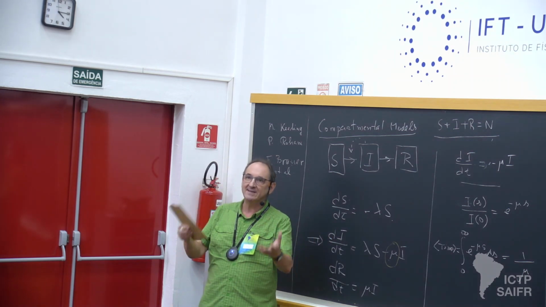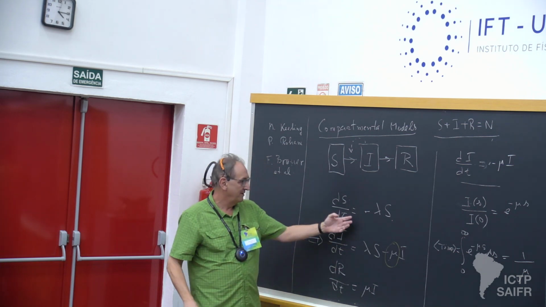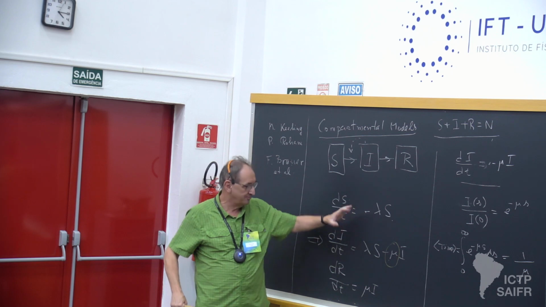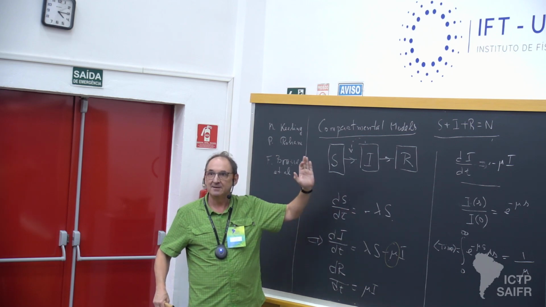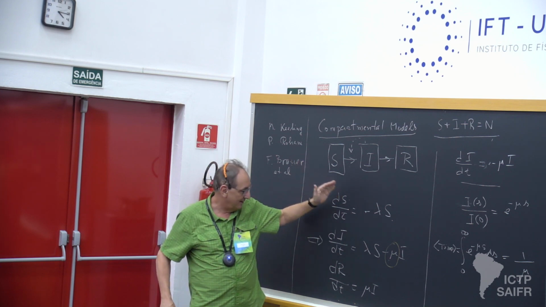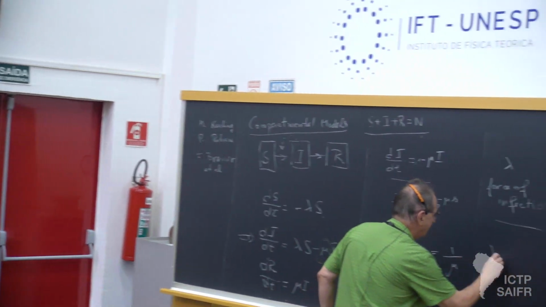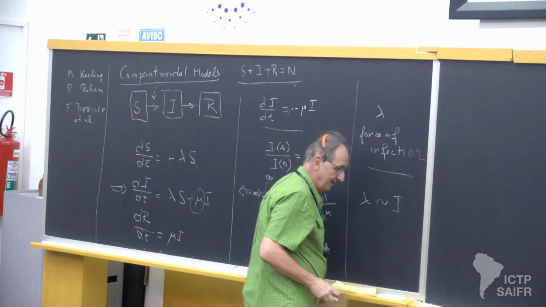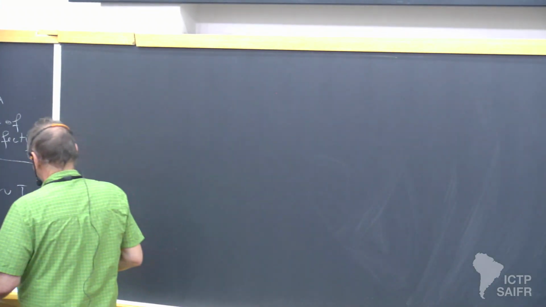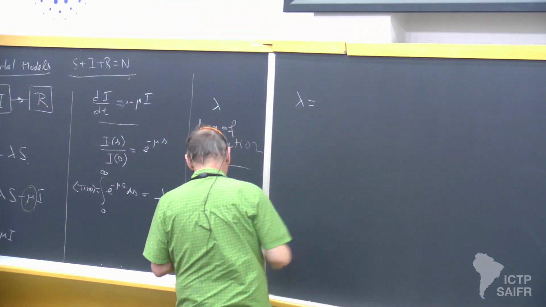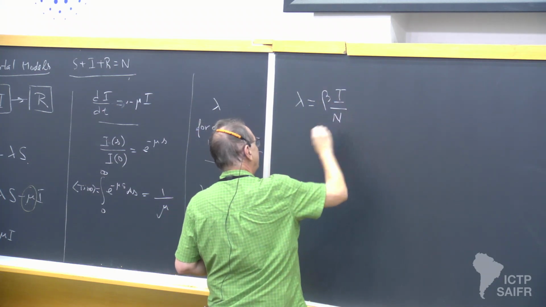If more infectives are present, then you expect that the force of infection, which will determine the rate here of this dS/dt, should be stronger. So somehow lambda has to be proportional to I. And we will take lambda, I will use this, beta I over N.